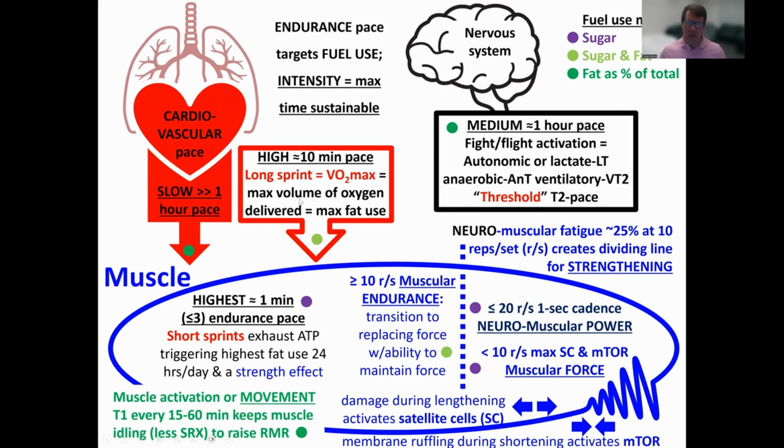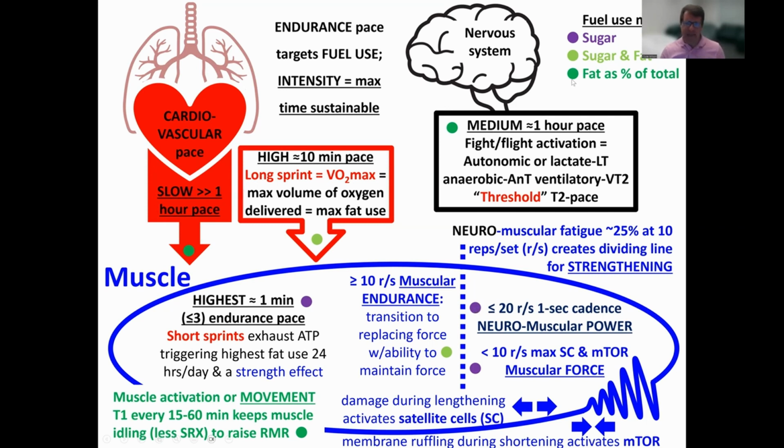So this image here shows you the whole supply and the demand system. And I added in green the movement throughout the day to keep the muscles idling continuously. These colored dots have a legend up in the upper right. The purple dots are where you're burning mostly sugars. That's sprints and low repetition strength training and fitness training or athletic training or power training.